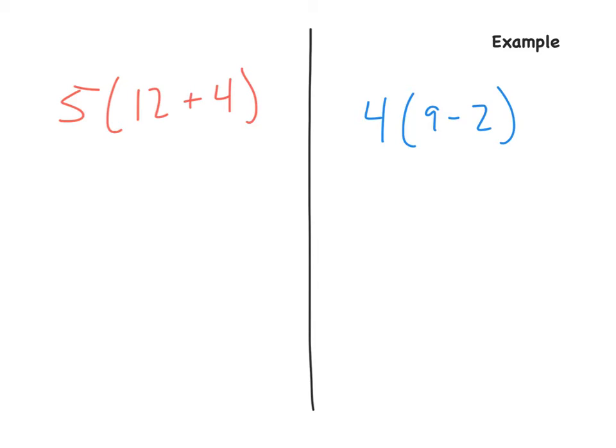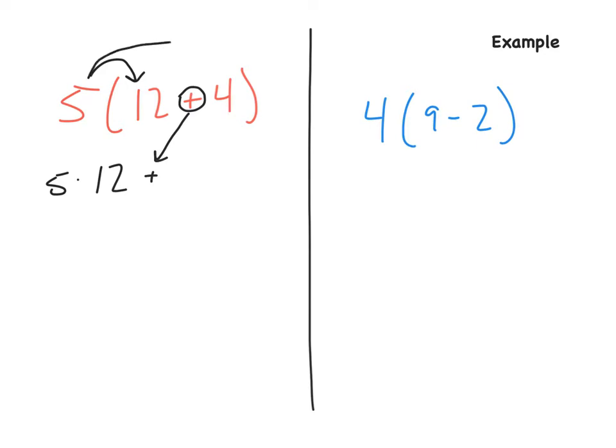So if we have 5 and open parentheses of 12 plus 4, and we're using the distributive property, I want to see your work. So the very first thing, we're going to do 5 times 12. Then we bring the sign straight down.